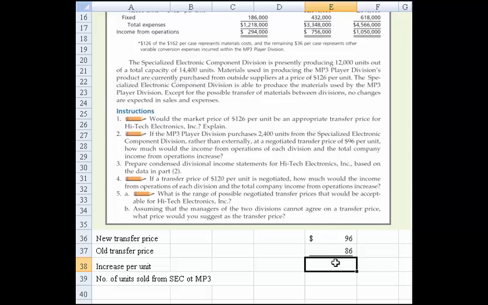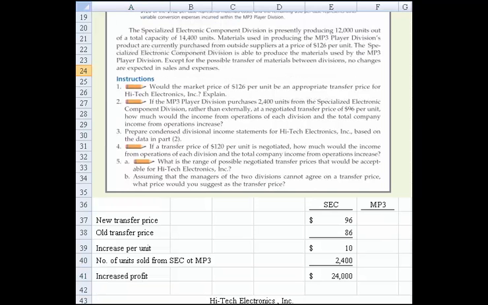So in terms of the impact on the selling division, which is the Specialized Electronics Component Division, we've got a $10 increase per unit, and if 2,400 units were sold, then the net effect is 10 times 2,400, and we wind up with increased income for the SEC division of $24,000. Okay, now I've put a title on that so we know that was the Specialized Electronics Components Division.